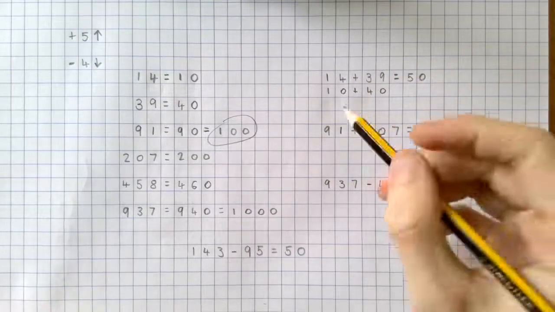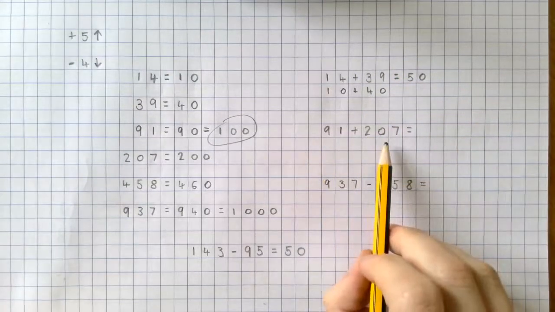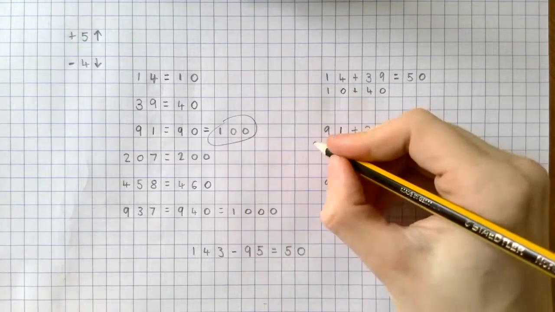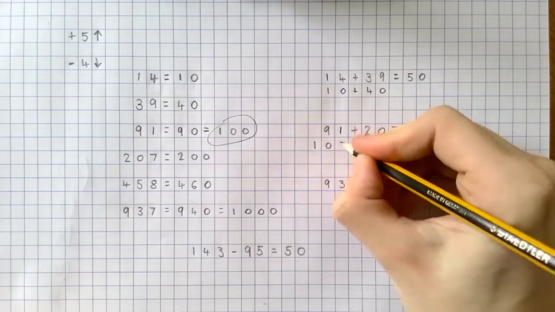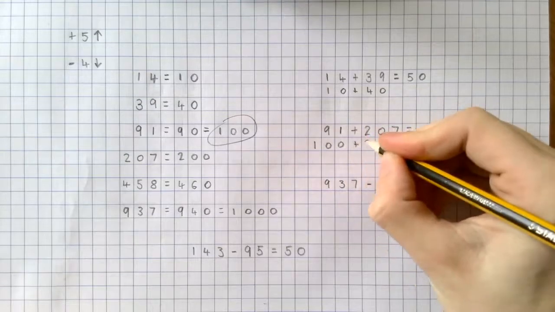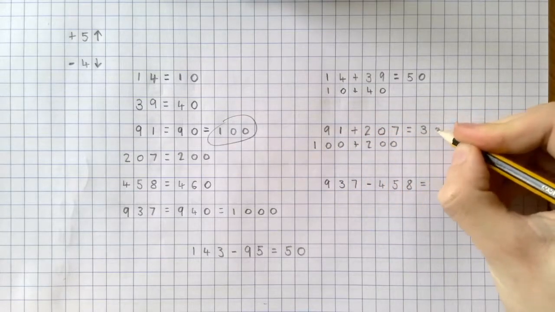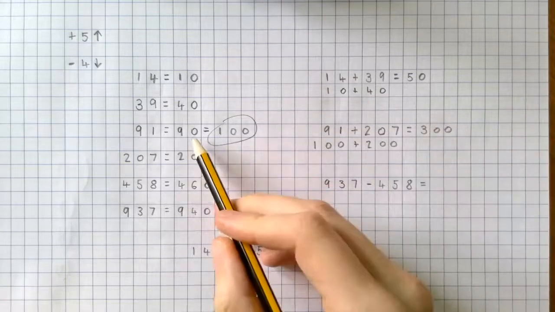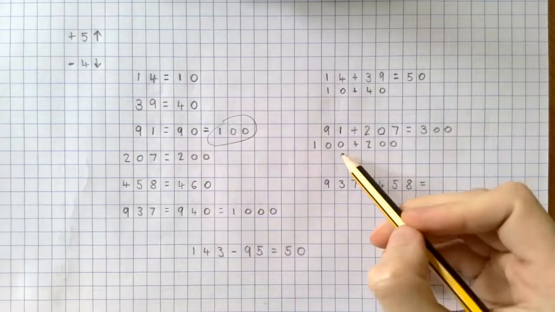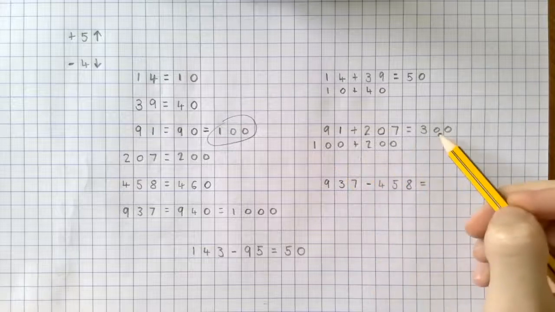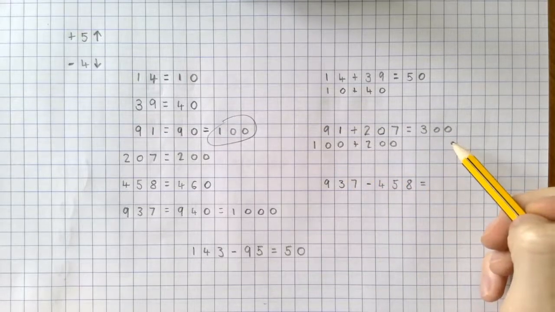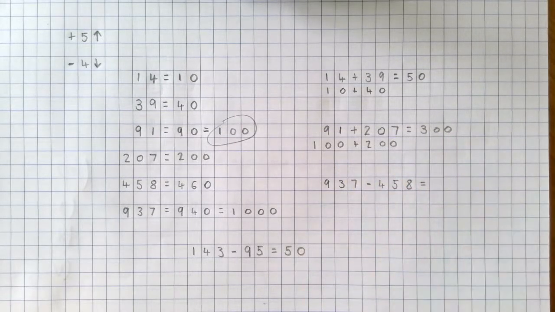For 91 add 207, I'm actually going to take the 100 instead and add 200. So an estimated answer there would be 300. It might be that you take 90, and it wouldn't really have much of an impact because we just have 290 as our estimate. I'm happy with 300 though, that's your choice.